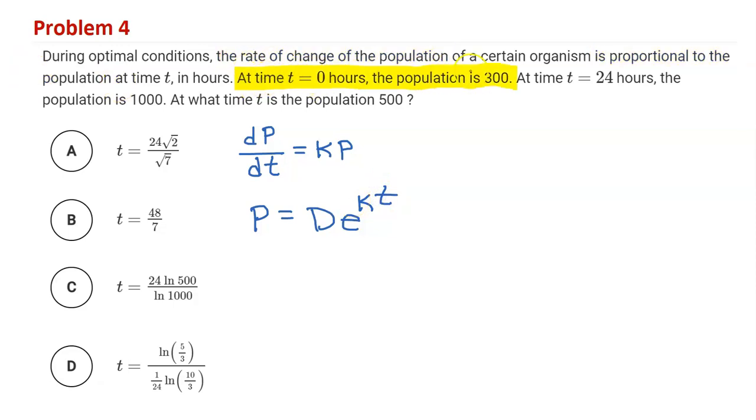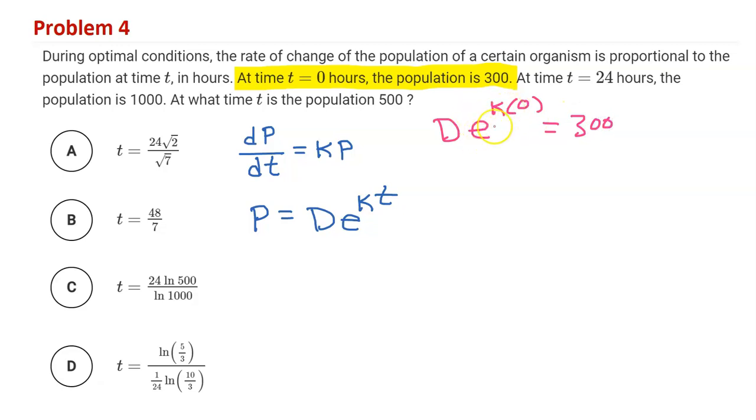Let's use the initial conditions they gave us to set up equations that will help us find the value of D and K. So at t equals 0 hours, the population is 300. So plugging that in for t and P, we have d times e to the k times 0 is equal to 300.